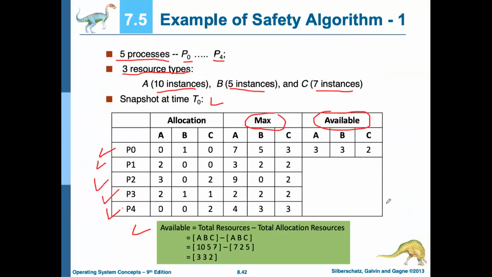So this is at time 0. Available is total resources minus total allocation.